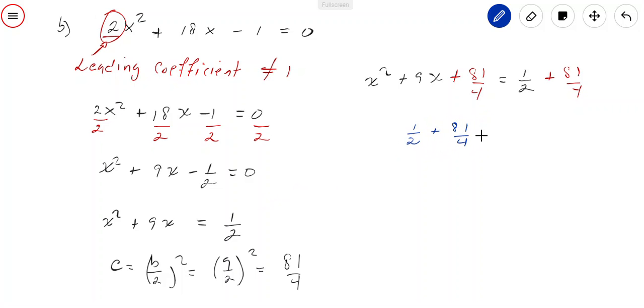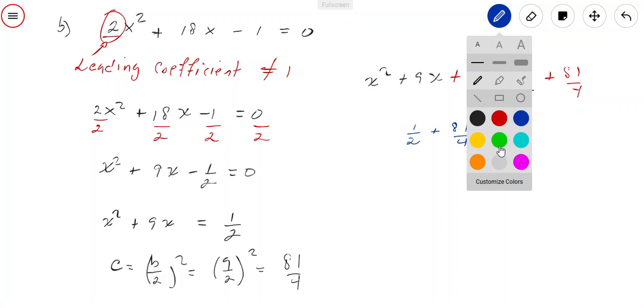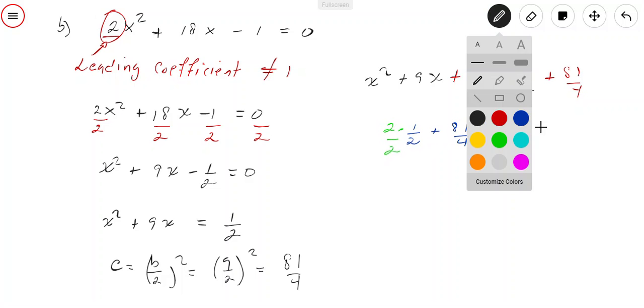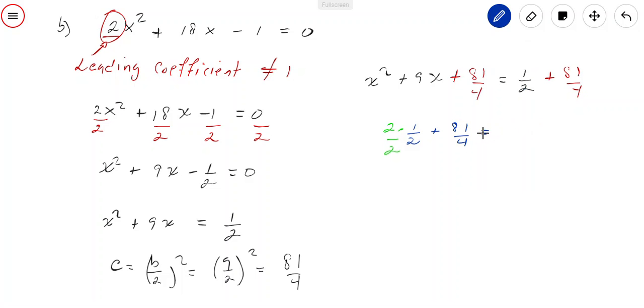I have to have the same denominator in both fractions, so we multiply this fraction by 2 over 2, because like that my first denominator becomes also 4. So I get 2 times 1 is 2, 2 times 2 is 4, plus 81 over 4.